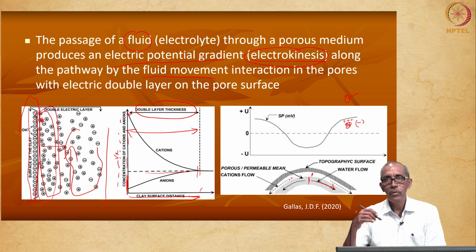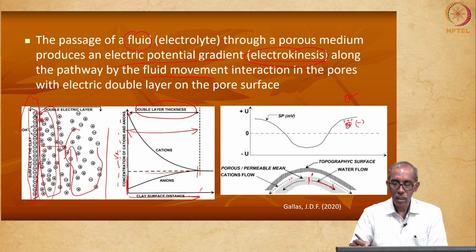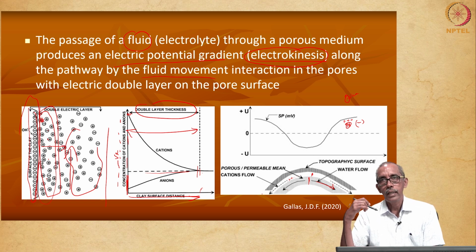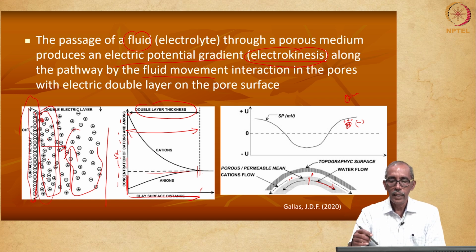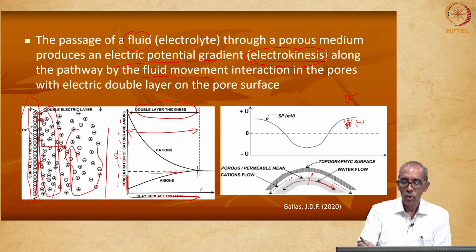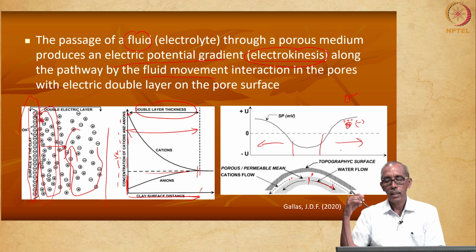As the water moves, right, the positive ions also tend to follow the water that is moving in a more permeable lower layer. This leads to the potential gradient, as you see here, low potential gradient in this zone, comparatively higher potential gradient away from this, right.